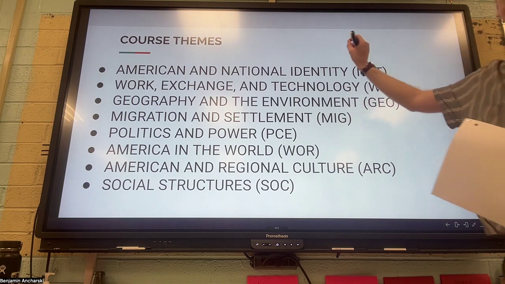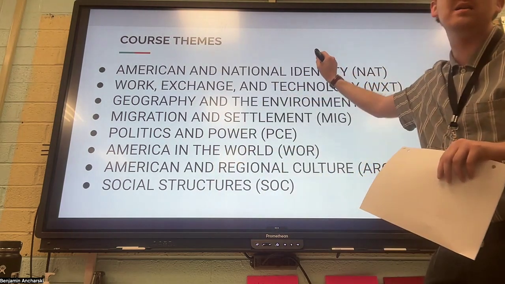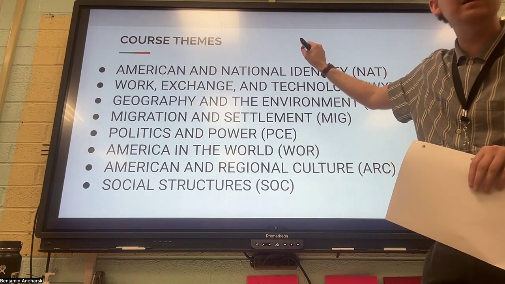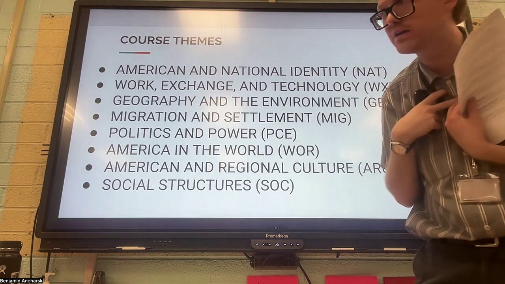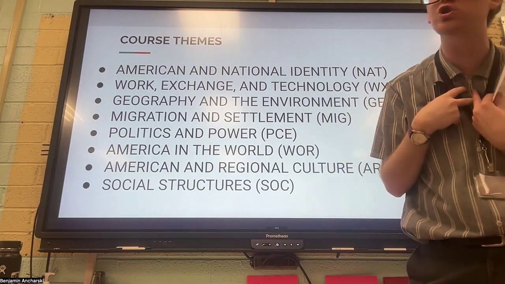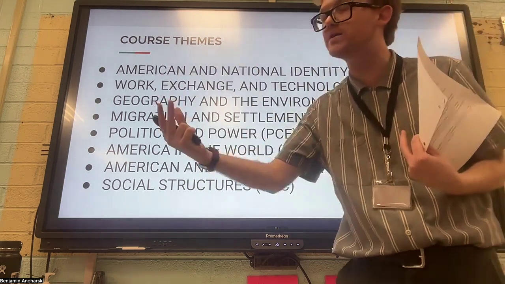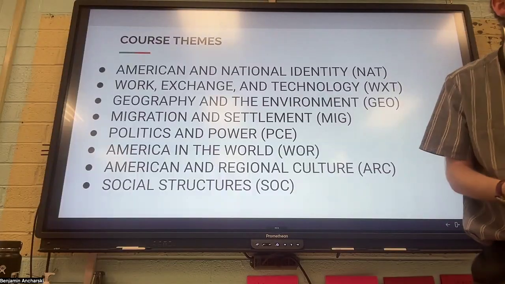Now, what the heck does this actually mean right here? American and national identity. What this means is, what does it mean to be an American politically? What political values does our country have? What do we believe in terms of government, in terms of individual liberty?